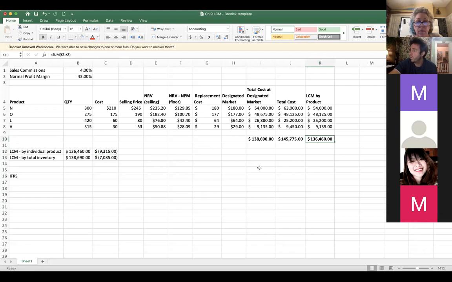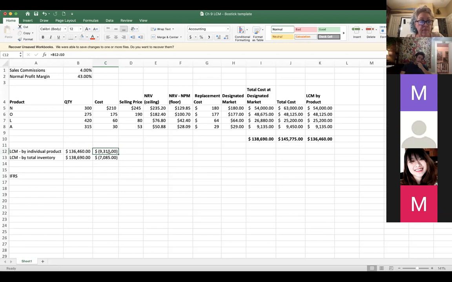I guess it's the same thing, but that's an if statement. So if it goes the other way around, it would flip. You would have a positive number and then you would have no write down, because we never write it up.